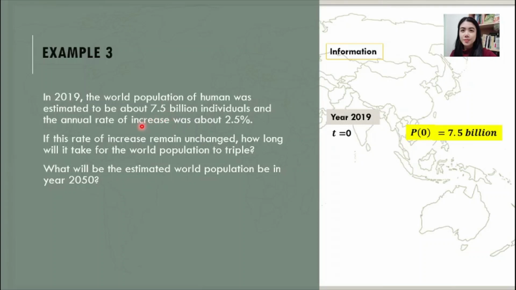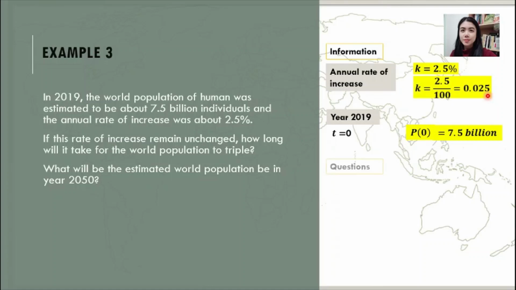The next thing is the annual rate of increase, which was about 2.5%. That actually refers to your k. Your k is 2.5%. Change this into decimal, then we have this one.